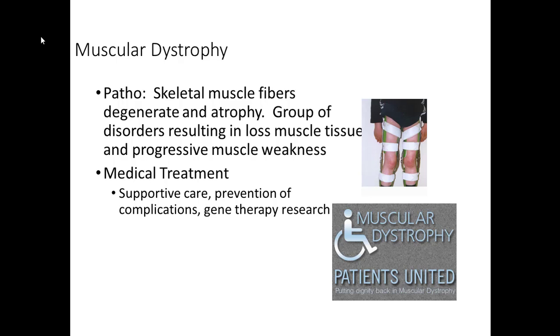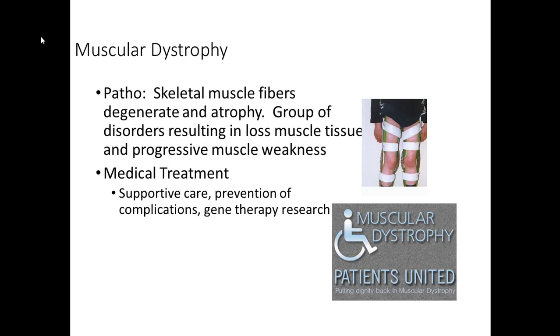All right. Muscular dystrophy. This is just where those skeletal muscles are degenerative and they're seeing a lot of atrophy. There's muscle tissue loss and muscle weakness, obviously, because the muscle tissue is being lost.